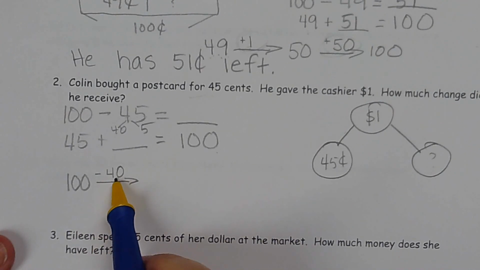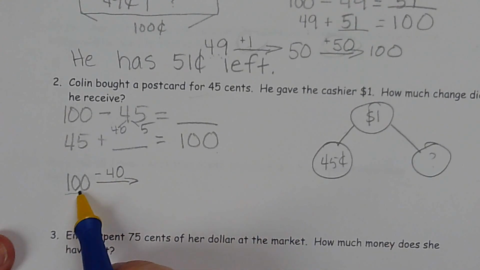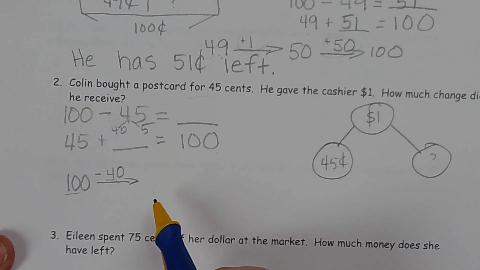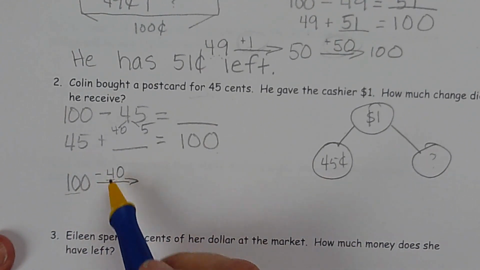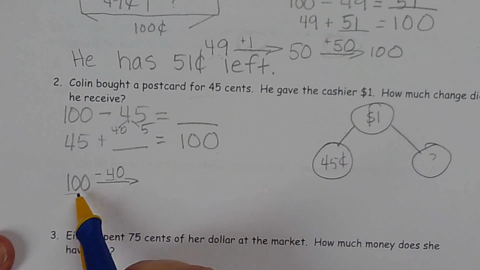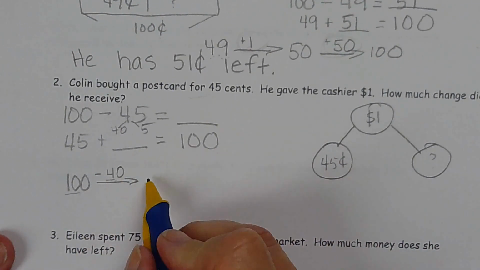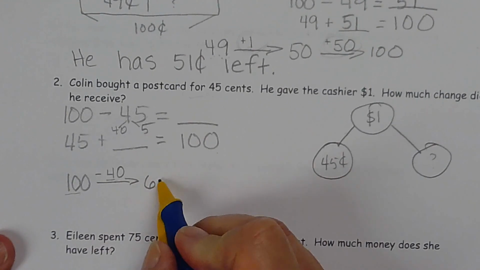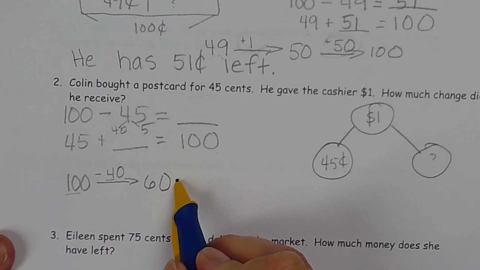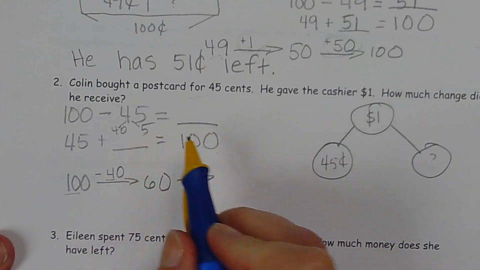So 100 minus 40, 10 tens minus 4 tens. Got to know those 10 facts. 10 minus 4 would be 6. So 10 tens minus 4 tens is 6 tens, or 60. Now I still have to subtract that other part.